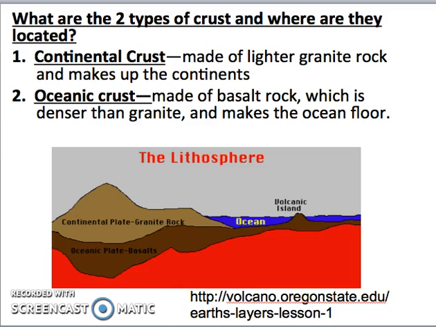And then we have the oceanic crust, which makes up the crust of the ocean, and it's actually made out of basalt rock, which is a type of rock that's denser than granite. So this is going to be important to know because when these different crusts interact with each other, the denser ones tend to go on the bottom and the lighter ones tend to go on the top. And we'll talk about how that happens in the next few slides.